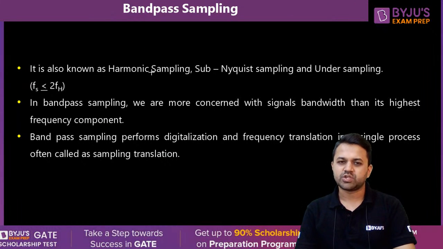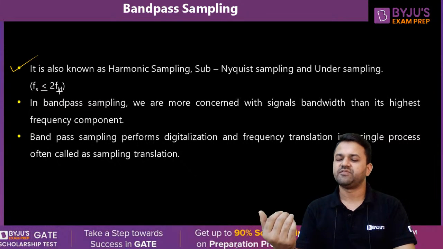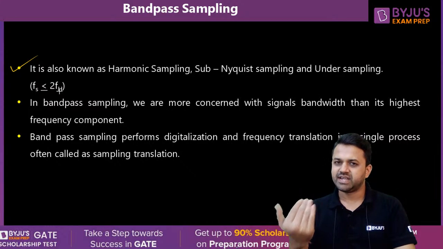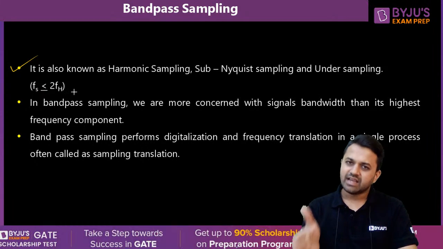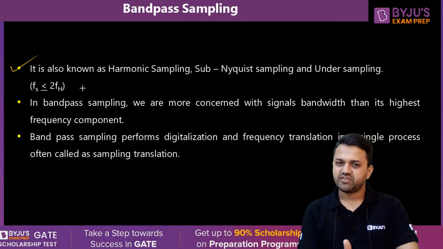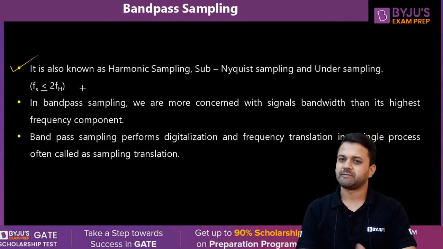Bandpass sampling is also known as harmonic sampling, sub-Nyquist sampling, and undersampling. So we call it fs less than or equal to 2fh. 2fh is the Nyquist sampling rate, and if the sampling frequency is less than 2fh, then we call it undersampling.